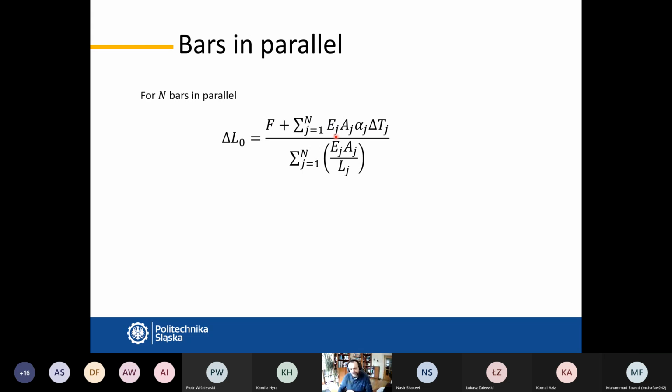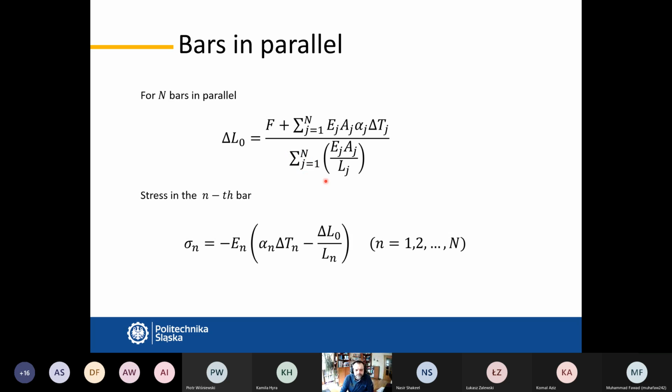So we treat every member separately and add such factors together, and we divide it by, again, a sum of such factors. So this is the rigidity, E times A, divided by L, for each particular member, depending on how many members are present there.